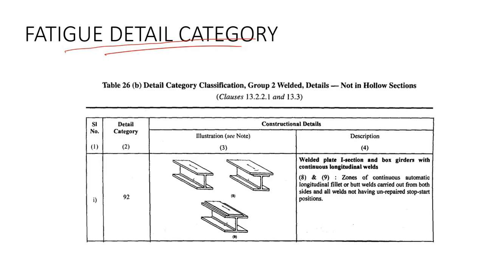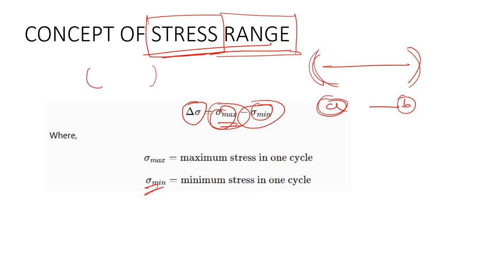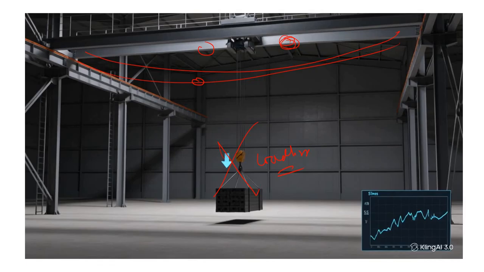The next technical term was fatigue detail category. Till now we have understood that stress range is very important for this type of structure. Now let's say this is a crane girder which is subjected to repeated loading, and here we have a plate girder like this. This is welded, and another category is also a plate girder, but this is bolted, where the connection is done by bolts like this.